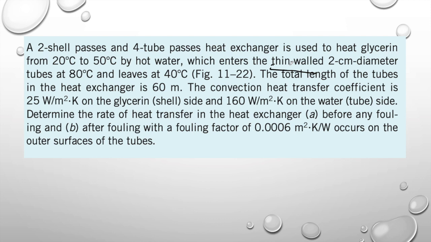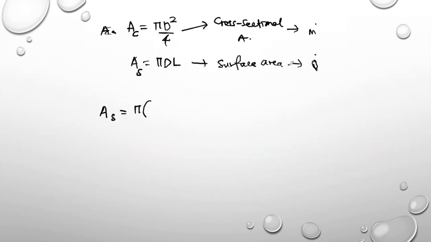Since this is thin wall, both diameters are the same. So your diameter is 2 times 10 to the power of minus 2 meter, times the length of your tube, 60 meter. You will get AS is 3.77 meters squared. This is your area.